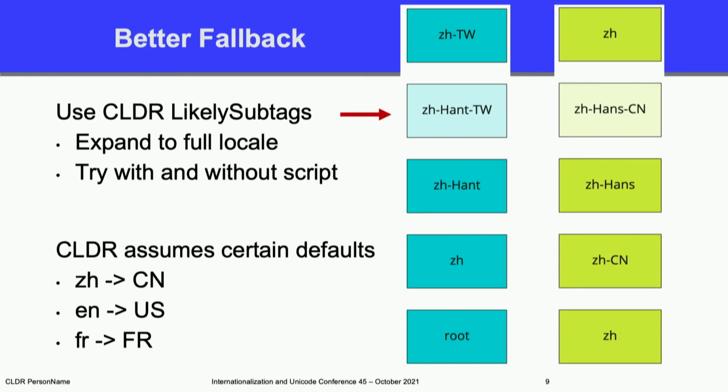If it's just en, the locale assumed is US. If you just have fr, the locale assumed is France, and so on. So you need to know that, because if you don't want China, and you don't want US, don't want France, you need to be explicit what region you're asking for, because of what we talked about for what features are available and what the legal content has to be.